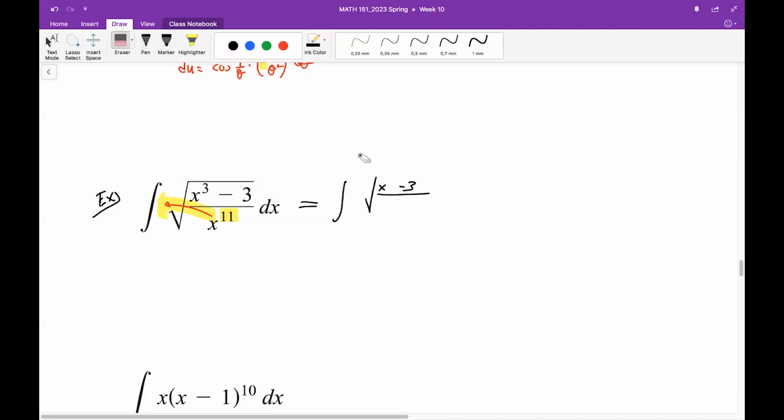I'm sorry, this was not square but third. And what we have here is x to the power 8 times x to the power 3 dx, so that this integral is in fact x cubed minus 3. This can be taken out, so I will write 1 over x to the power 4, and x cubed is still there, like that.